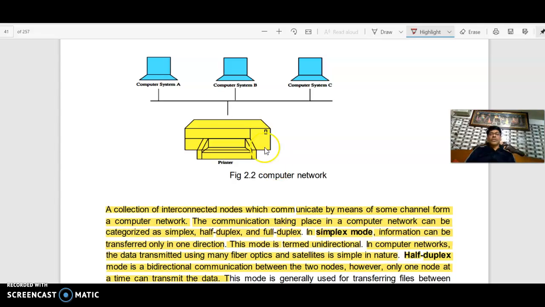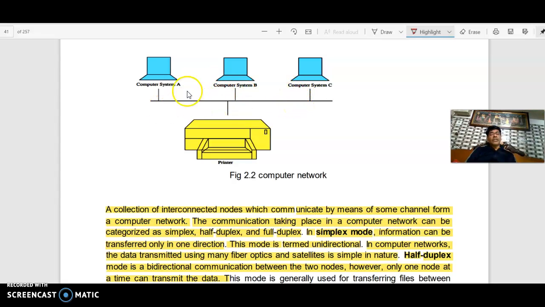Suppose the computer system 1 and computer system 2, 3, that is A and C. This is the sender and this is the receiver. Data may go in one direction through this communication channel. Data may go in two directions, but at one time in one direction.